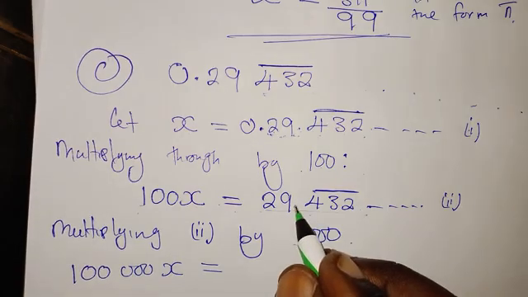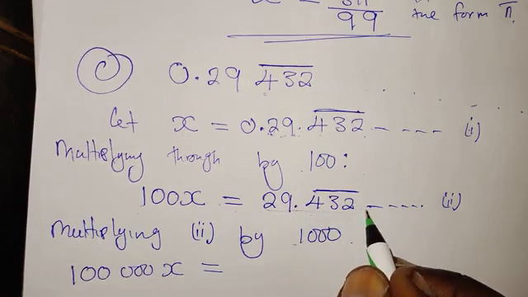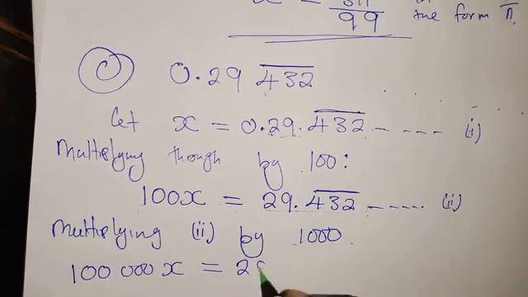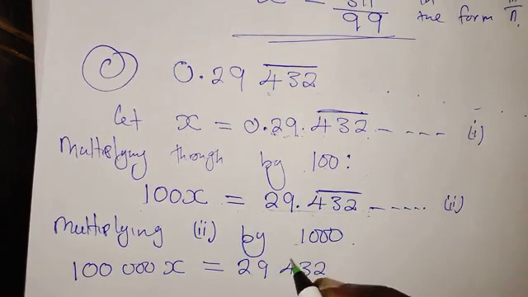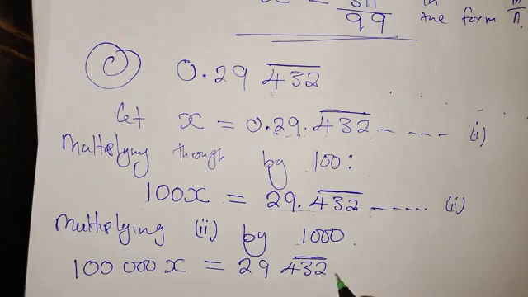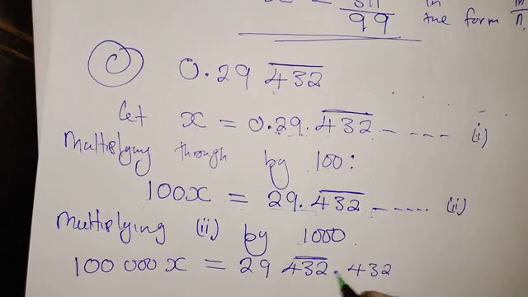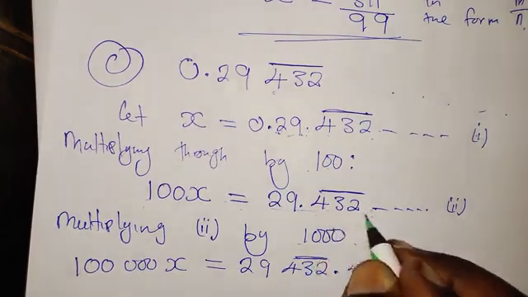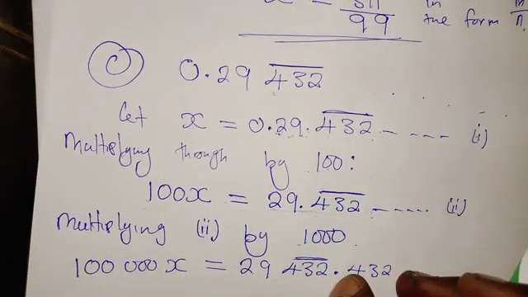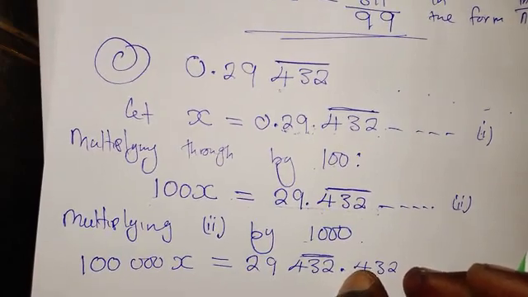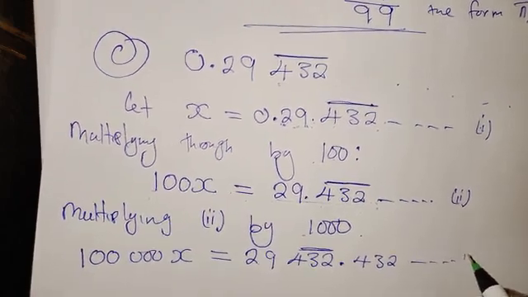It is making the point move 3 times, 1, 2, 3. So I'm going to have 29,432.432, which was repeated. It has moved this side, 0.432. Remember, the 432 is repeating. So if this 432 has moved to the other side, there is still a 432 remaining after the point. Okay? So from there, this is my third expression.